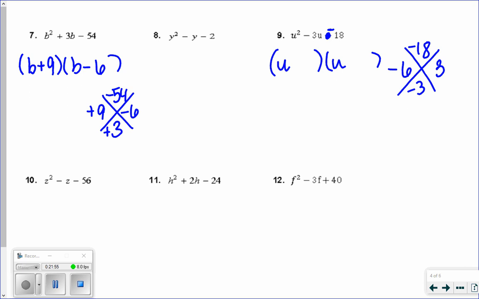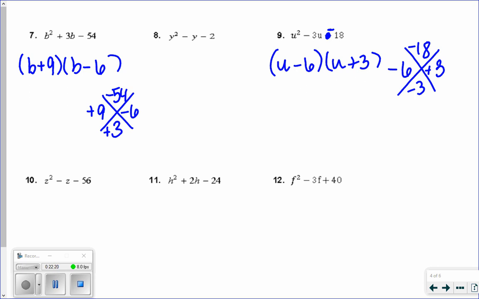So it must be a negative 6 being combined with a positive 3. That combination will give us a product of negative 18, but combine to a negative 3 in the middle. So there you go. Our rest of the binomials are u minus 6 and u plus 3.